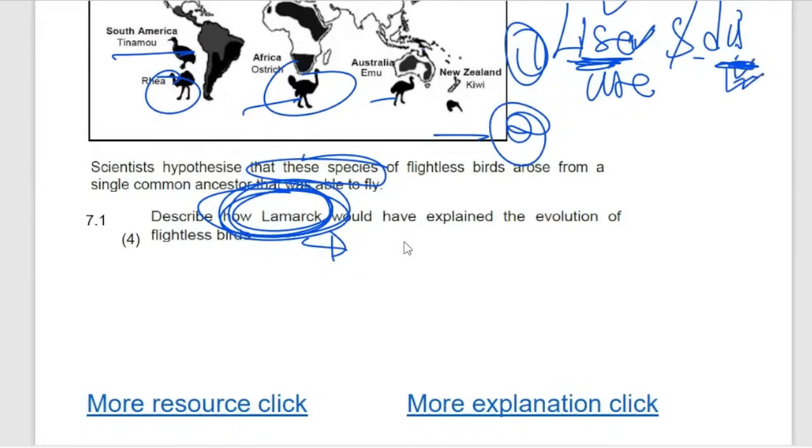Frequently, the trunks became bigger. You understand? And then they passed this character of big, long trunks to the next generation. That's now the inheritance of the acquired character. Don't just tell me that they passed the character to the next generation. Which character? They passed the character of big trunks. In the earlier case, they passed the character of not being able to fly to the next generation.